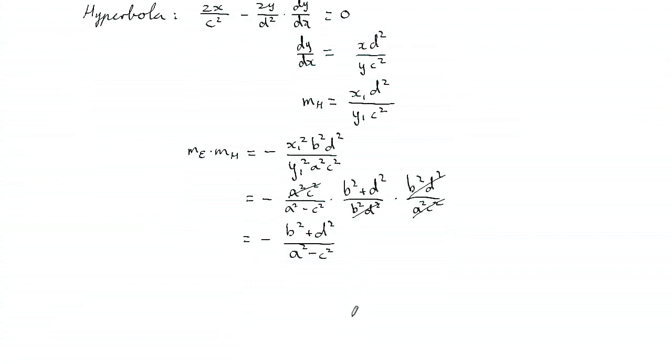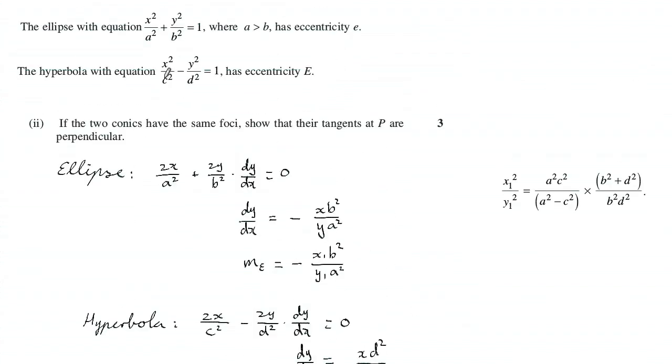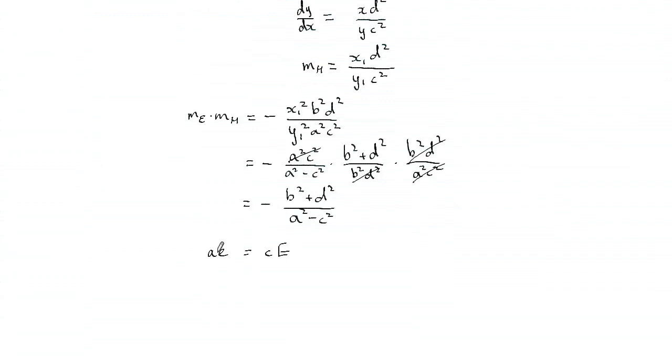So the distance from the origin to the focus for the ellipse is going to be aE, and for the hyperbola is going to be cE, because remember c was the number there. And so E is going to be root 1 minus b squared on a squared, and for the hyperbola it's going to be root 1 plus d squared on c squared.